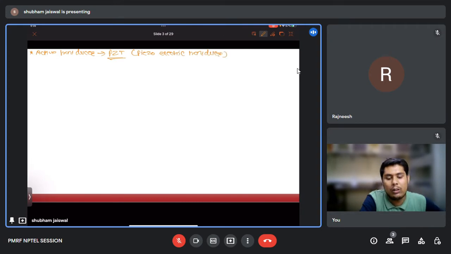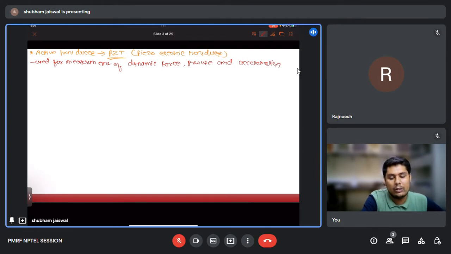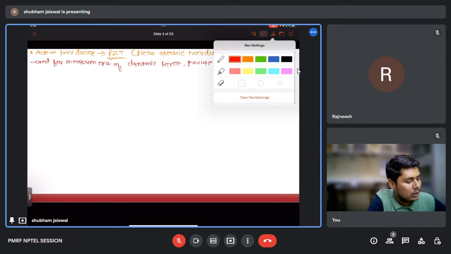It is used for measurement of dynamic force, pressure, and acceleration.